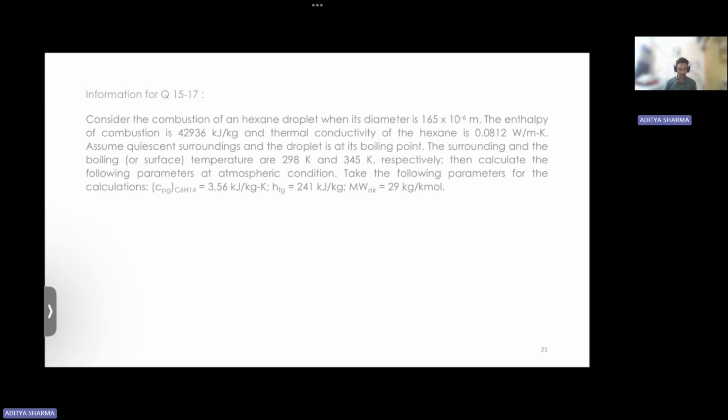When its diameter is this, the enthalpy of combustion is this, thermal conductivity is this, surrounding and the boiling temperature are these, 298 Kelvin and 345 Kelvin. Okay, so this information has been given.